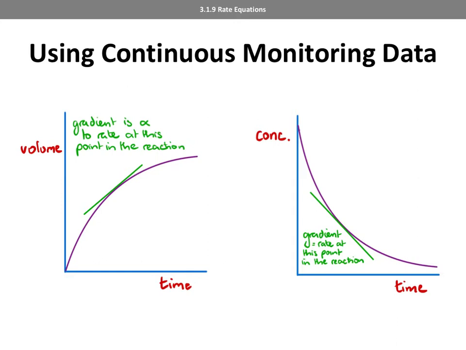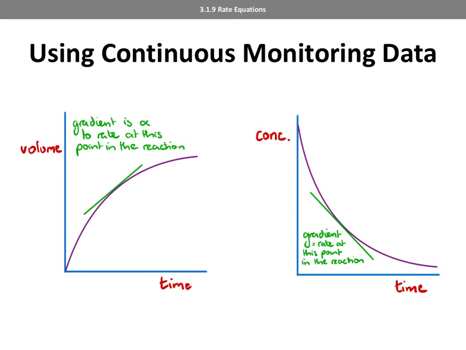Drawing tangents is absolutely a part of this topic, and there are questions in exam papers which require you to draw a tangent and to measure the rate of reaction at that particular point in time. The tangent can be anywhere on the curve.